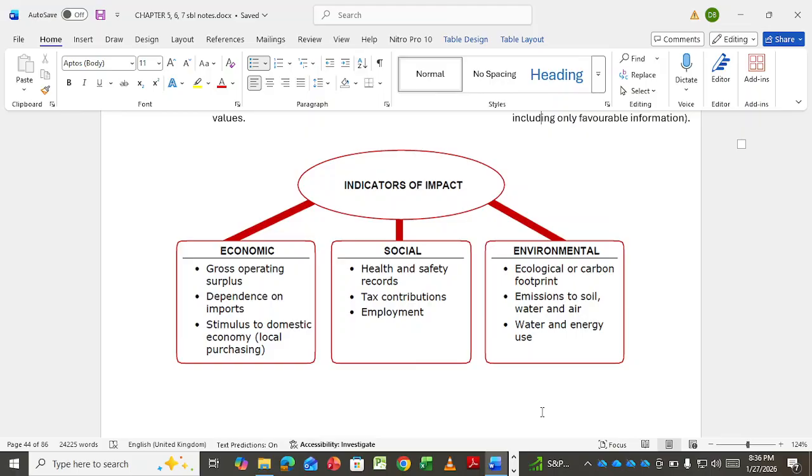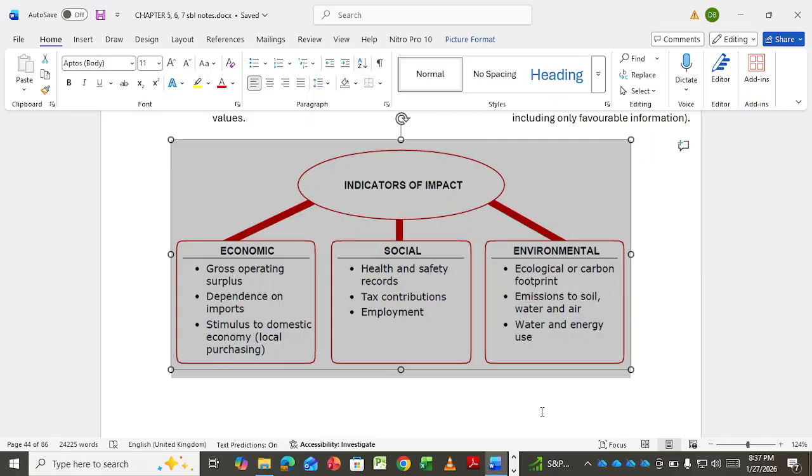Then for the environmental, you could report the impact you are having on the environment, like carbon, waste management, emissions to soil and water, and energy use. These could be some of the things you could report on in regards to bottom line reporting.